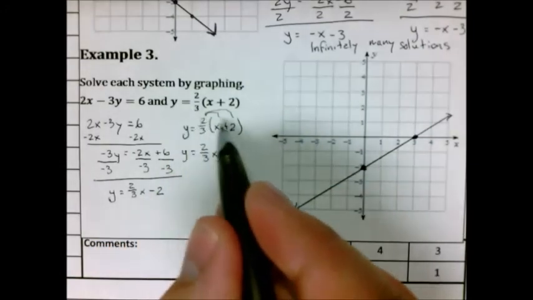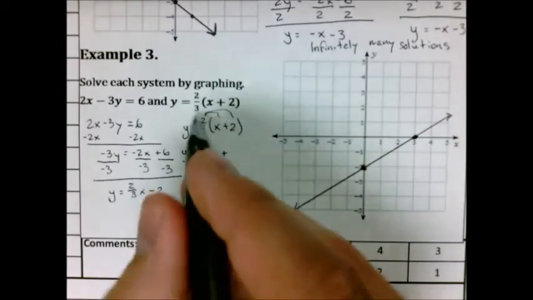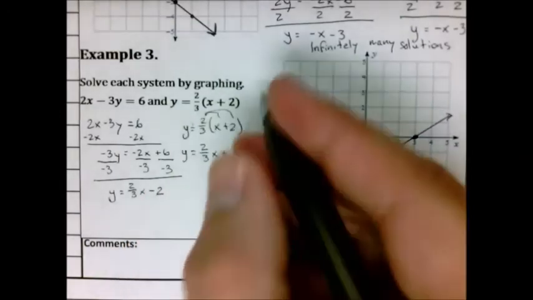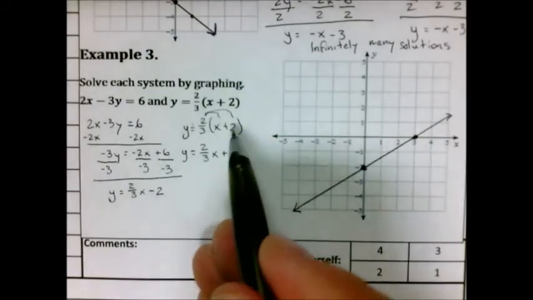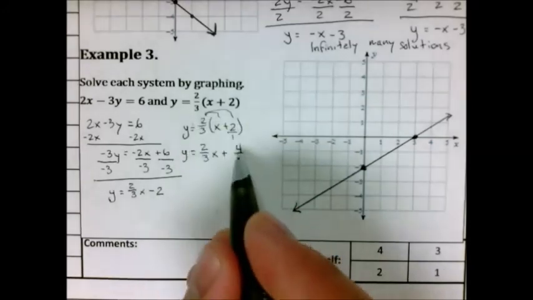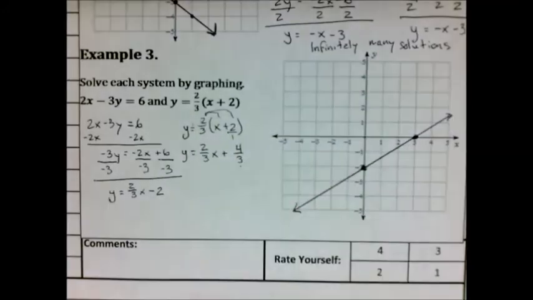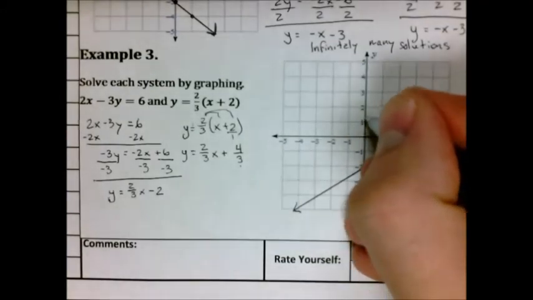And 2/3 times a positive 2 is actually going to give us 4/3. And the way I got that is I just multiplied 2/3 times 2 over 1. 2 times 2 is 4, 3 times 1 is 3. And that's how I got that number. So our y-intercept is at 4/3, which is about 1 1/3.